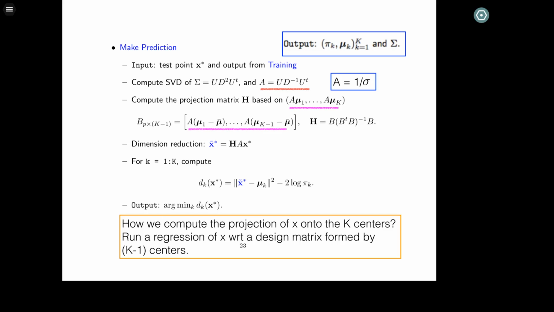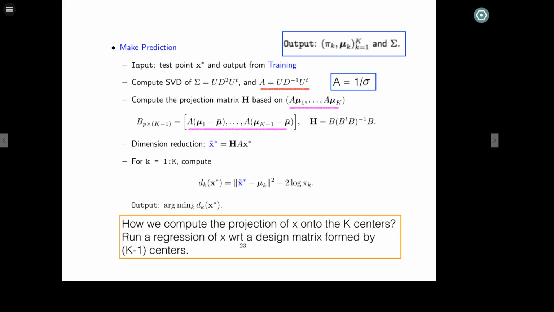Suppose we have a test point x star, and we take our output from the training, meaning we have learned the mixing weights pi k, the k centers mu k, and a shared covariance matrix sigma. What we're going to do first is find the rotation matrix to normalize and scale the data. In the one-dimensional case, we should scale our data, multiplying our observation by 1 over the standard error, right?